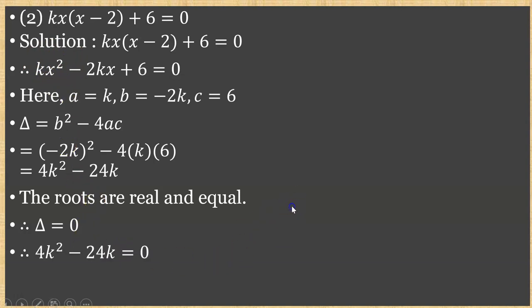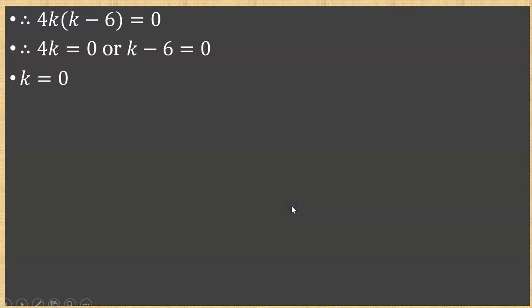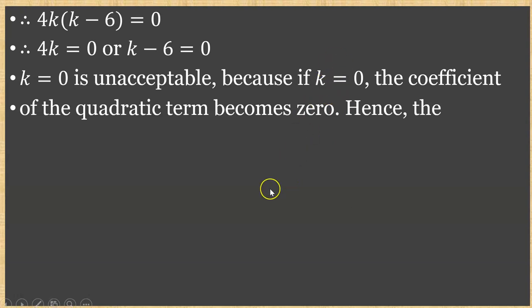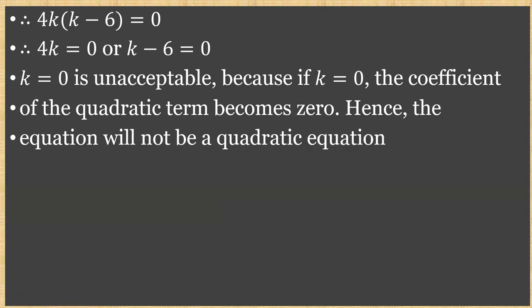And therefore the coefficient of quadratic term becomes 0 if k is equal to 0, and hence the equation will not be a quadratic equation. मग काय असतं k ची व्हॅल्यू, तर k is equal to 6.